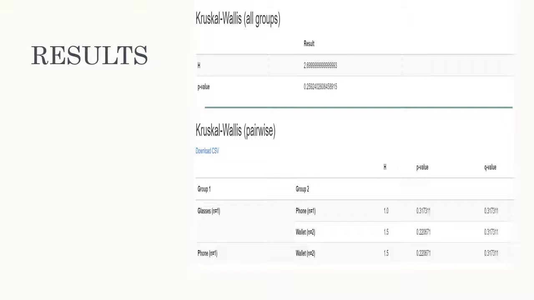So we'll go with the alternate hypothesis, which is that we haven't got enough evidence to show the presence of the bacteria on the different items. Here in the case of glasses and phone, the p-value again is quite high as compared to 0.05, which shows the significance level. So again the value is high, so we cannot reject the null hypothesis.